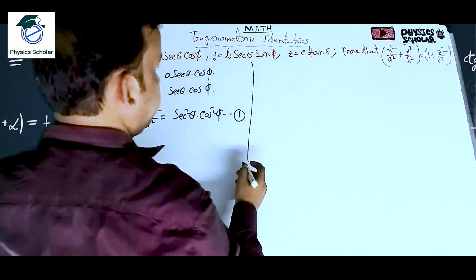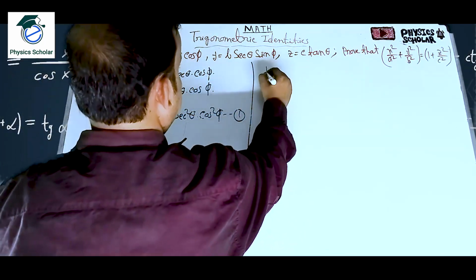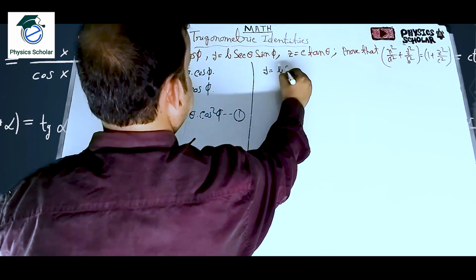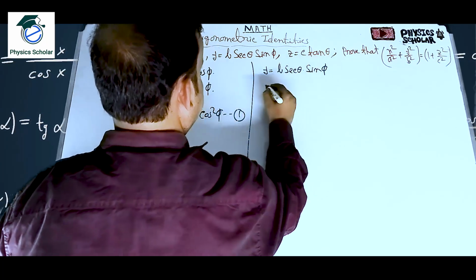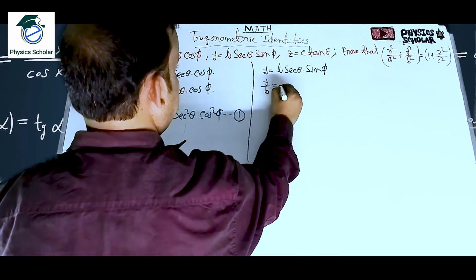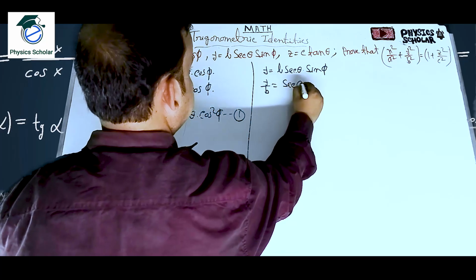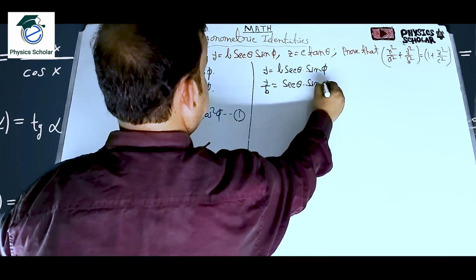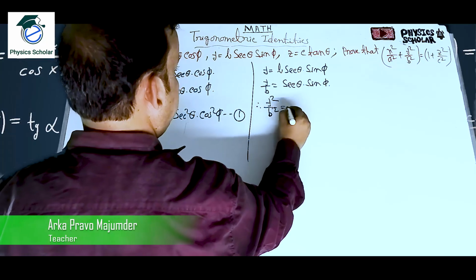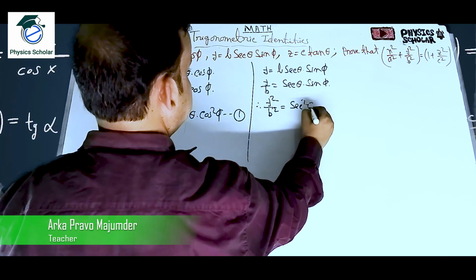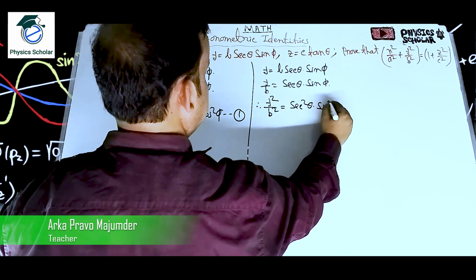Similarly, what we have to find out now? y/b, right? So y = b sec theta sin phi. That means y/b is equal to sec theta sin phi. Okay, so squaring, y²/b² = sec²θ sin²φ.